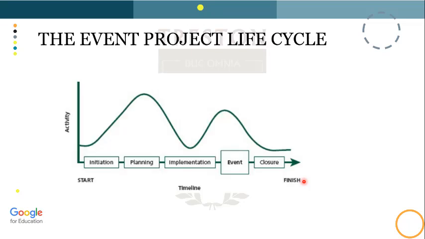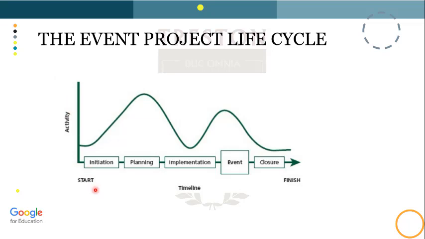Now, if you look at this illustration, it's the event project life cycle. You would see here two axes, which are the activity and the timeline. And then you would see the amount of activity being exerted at a specific time and a specific phase.